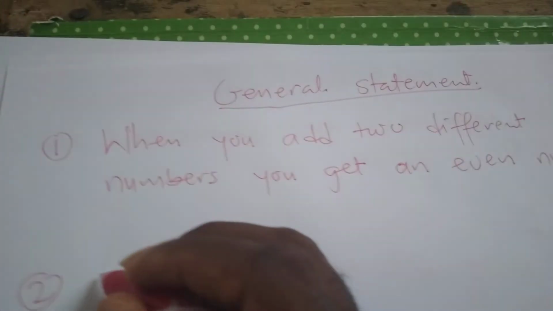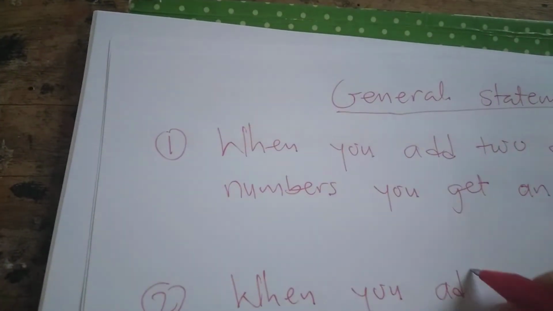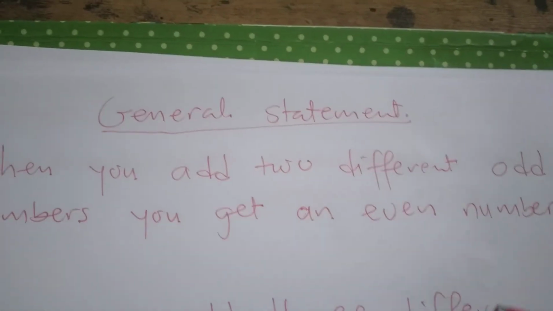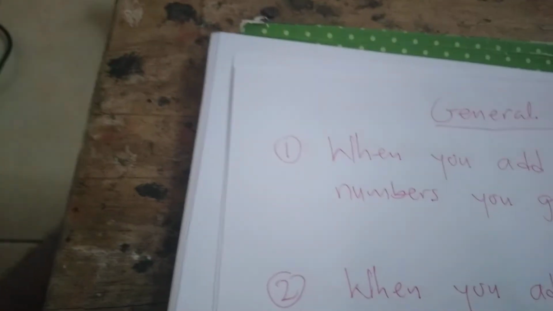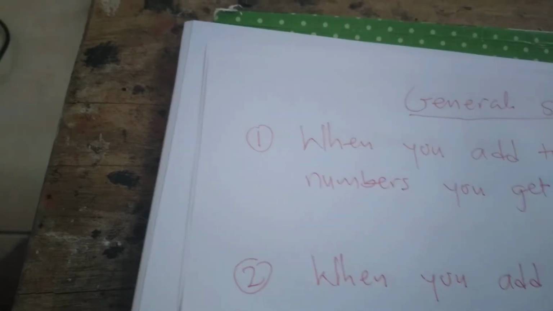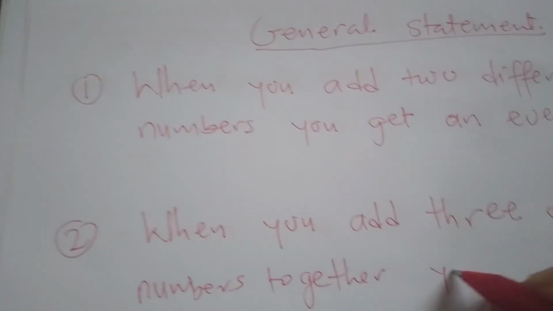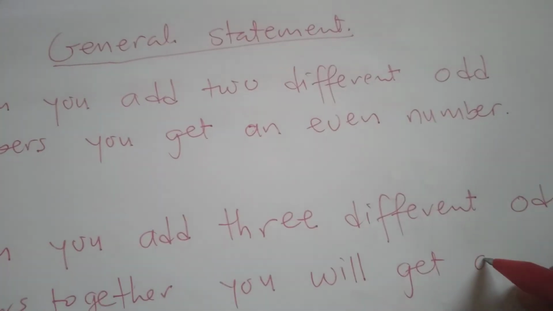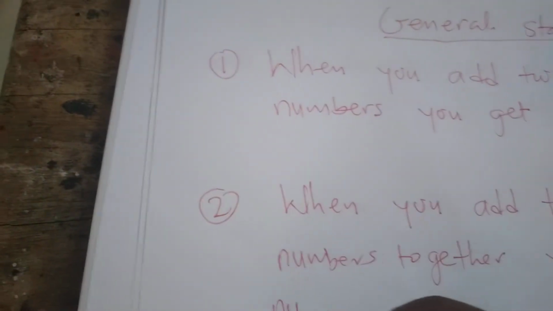Statement 2. What I realized in the next calculation was that when you add 3 different odd numbers together, you will get an odd number.